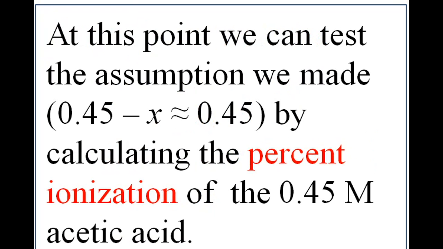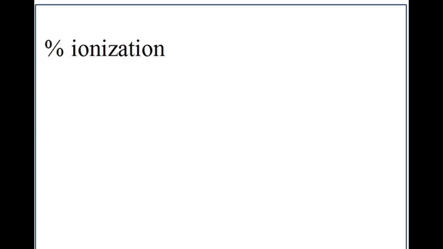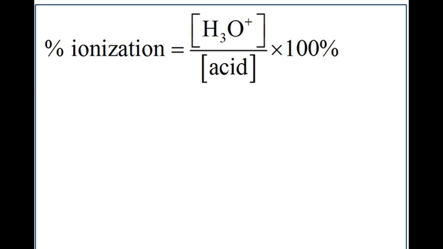which equals 2.55. You're not always required to do this, but at this point, we can test the assumption we made, that 0.45 minus X is almost equal to 0.45, by calculating the percent ionization of the 0.45 molar acetic acid. The formula for percent ionization, or percent dissociation, as it's also called, is the concentration of hydronium, which is equal to the amount of acid that ionized, over the original concentration of the acid times 100%.